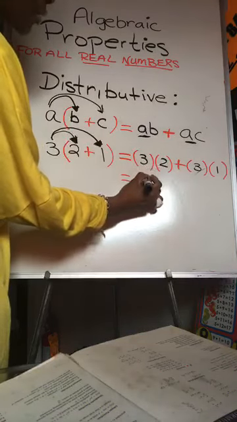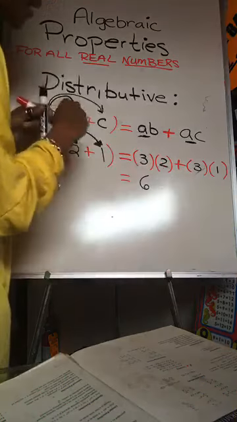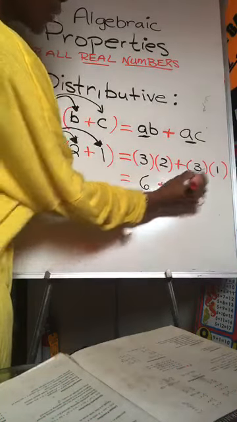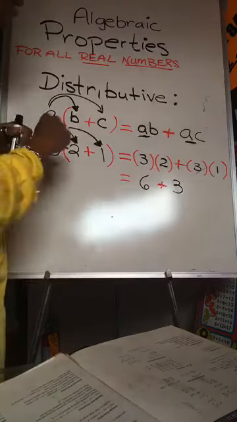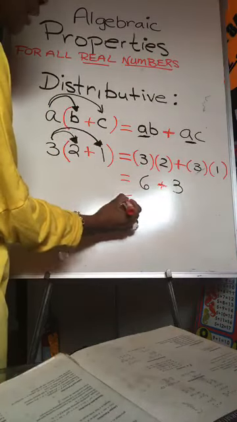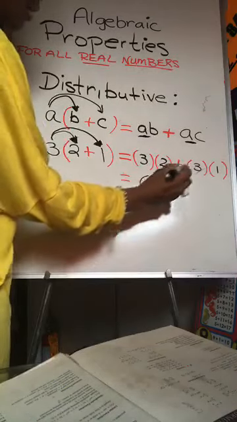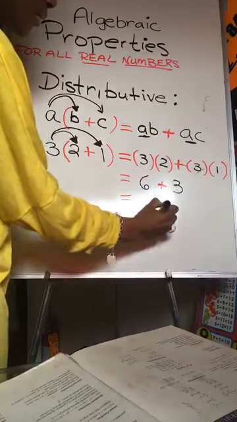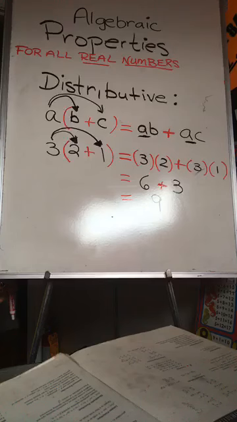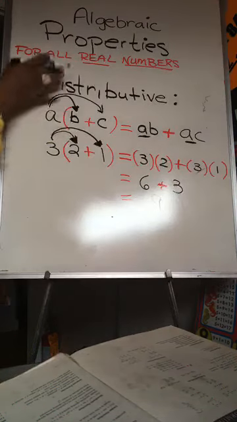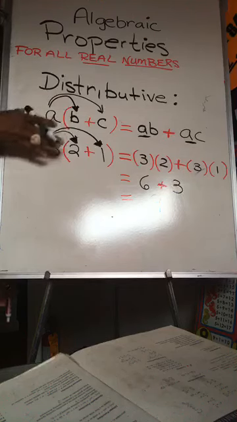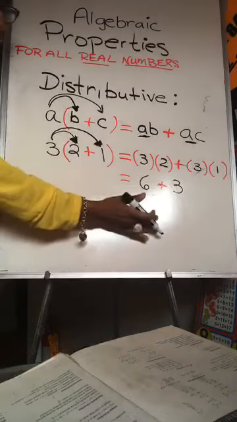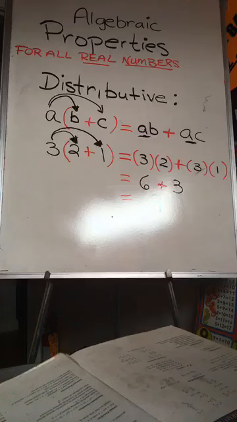So 3 times 2 is 6 plus 3 times 1 is 3. When you add 6 plus 3, the answer is 9. So the answer, if we had to evaluate, after you choose which property it is, would be 9.